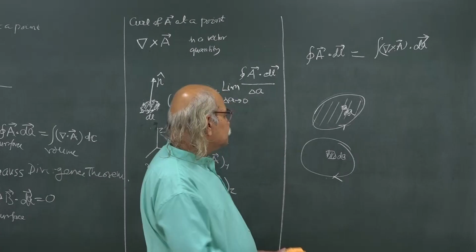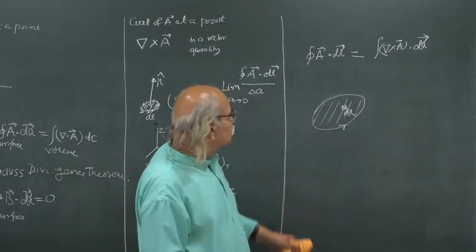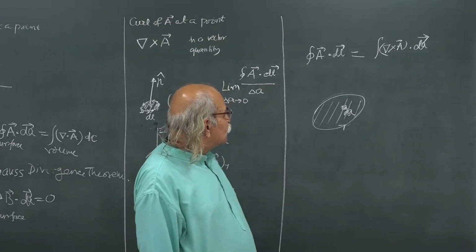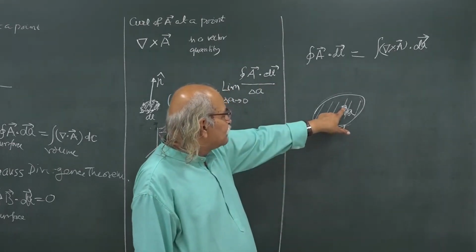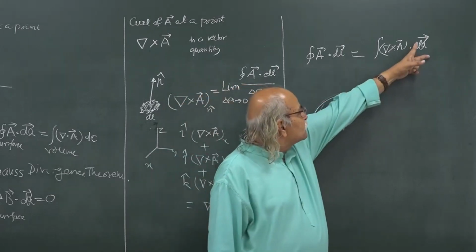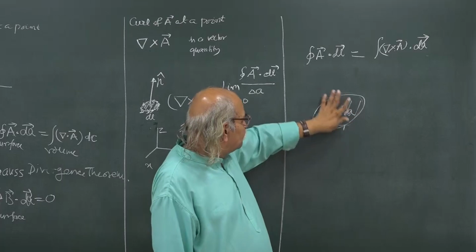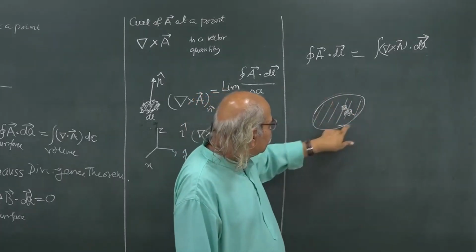So, that is how the direction of this dA vector will be determined, and then of course, you take the curl of A at this point where you have constructed this dA. You have constructed this dA in this whole surface bounded by this curve.